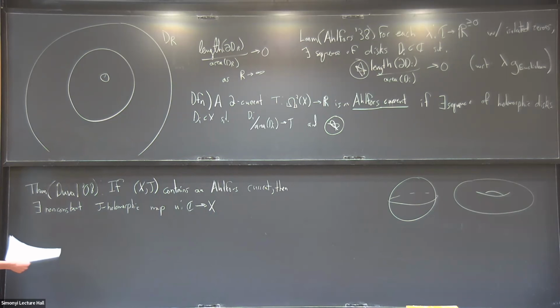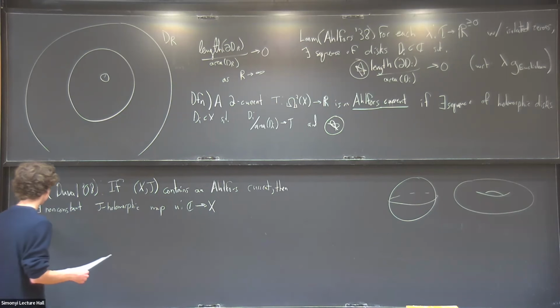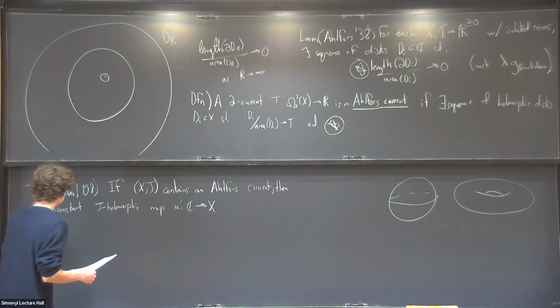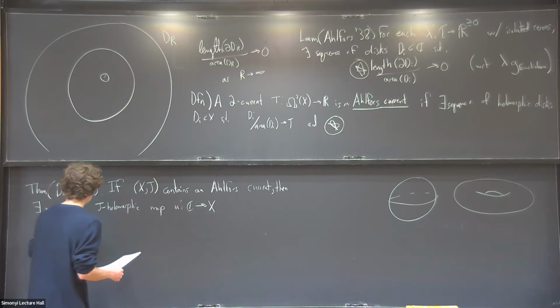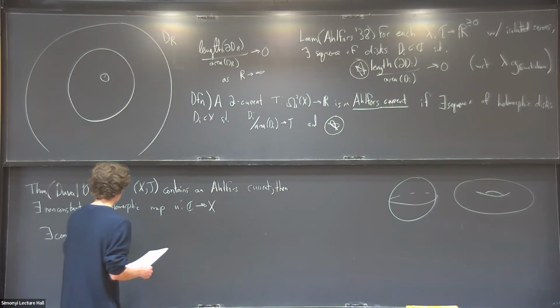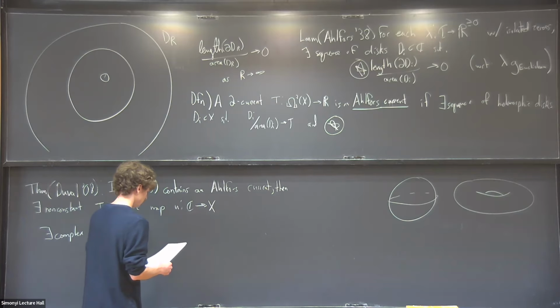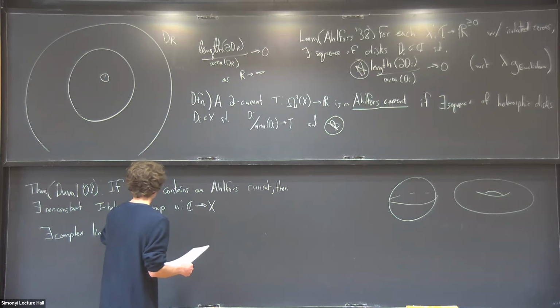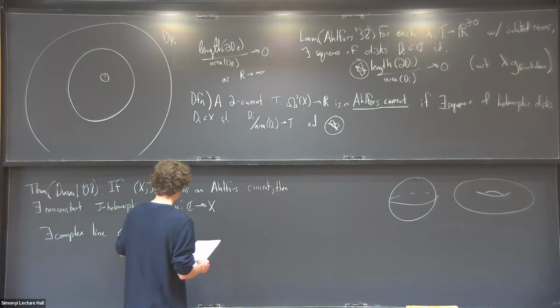So in particular, we get this chain of equivalences: there exists a complex line is equivalent to there exists an Ahlfors current.